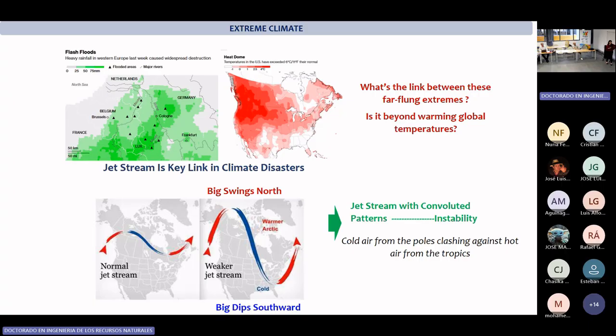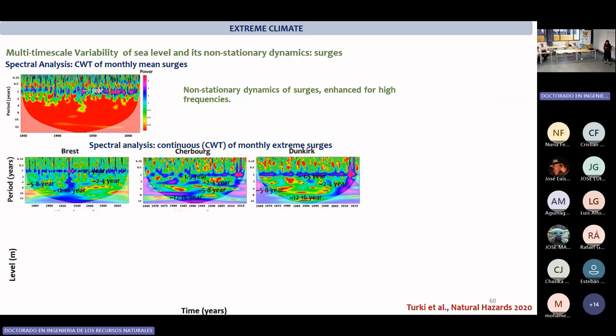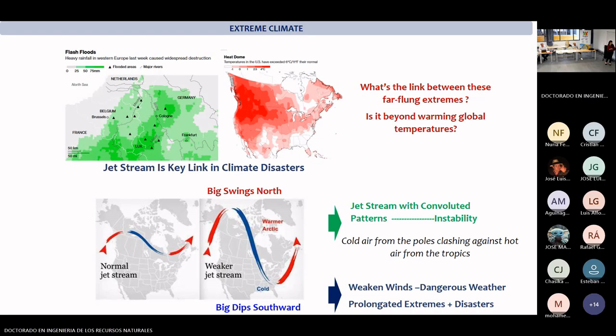So we see an example where one extreme event, very local in space and in time, has been connected to a very global mechanism in the atmospheric circulation. These extreme events have been linked to weakened winds, dangerous weather, prolonged extremes, and disasters, basically controlled by these changes of the Gulf Stream.